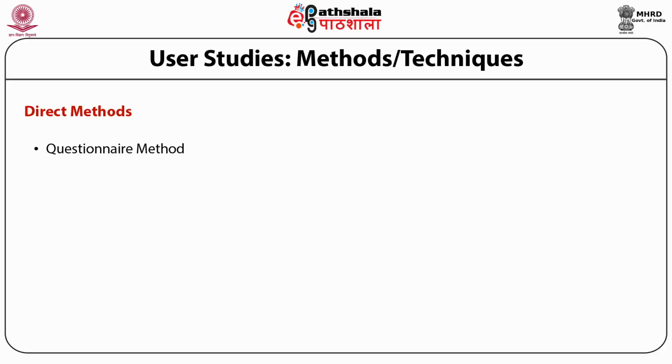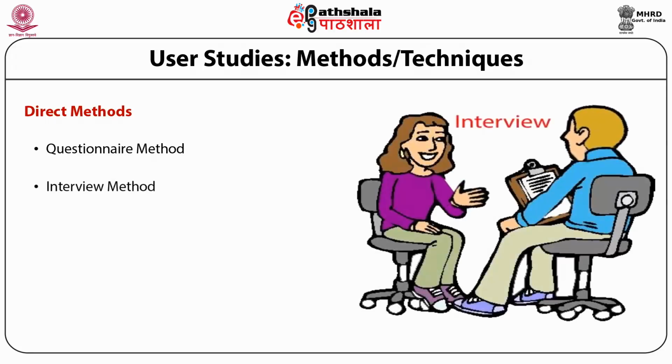So, questionnaire has its own advantages and disadvantages, but it is very useful in knowing the information needs of users. Interview method is another direct method where the librarian or investigator can interview the user groups and know about their information needs.